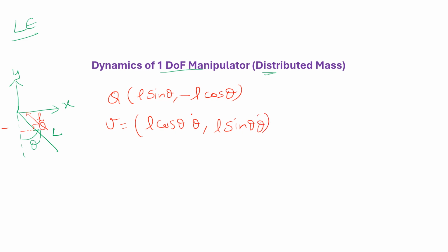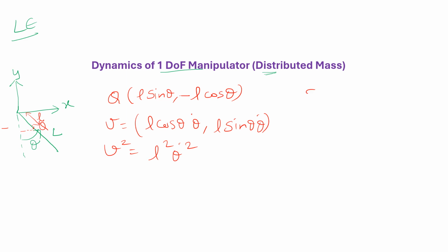To derive the kinetic energy, we need v square. So v square will be equal to l square theta dot square. We are deriving the kinetic energy for a small element, say dl.